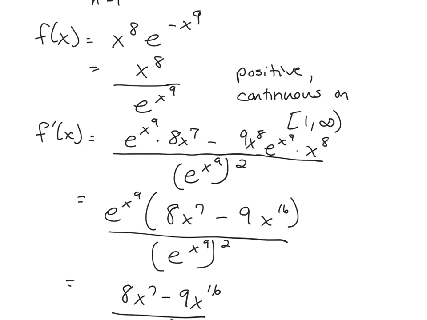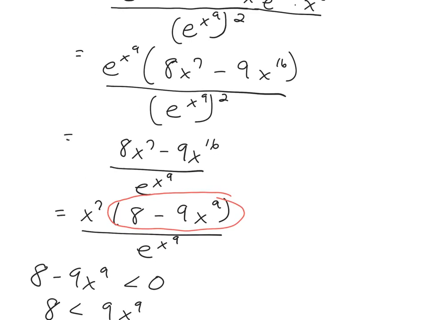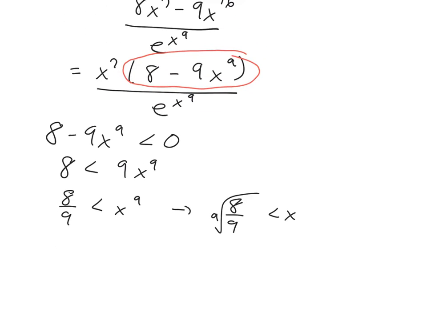So you don't have to worry about x being negative. Well, the ninth root of 8 over 9, that's a number smaller than 1, right? Because 8 over 9 is less than 1, and when you take the ninth root of a number less than 1, you get less than 1.